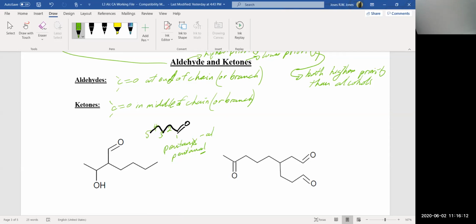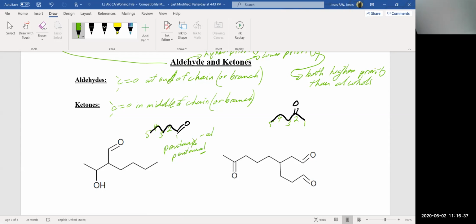However, if the carbonyl group is in the middle of the chain, so let's say we have a 5-carbon chain with a carbonyl group on, say, the second carbon. So let's number this, 1, 2, 3, 4, 5. A 5-carbon parent chain with the highest priority group, the carbonyl group, on carbon number 2.